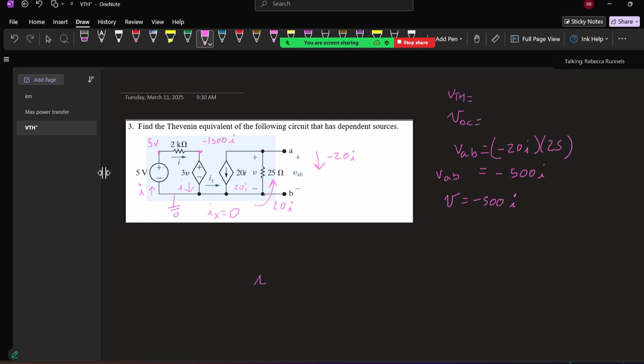And so I equals 5 minus negative 1500I over 2000, or 2000I equals 5 plus 1500I, or 500I equals 5, or I equals 5 over 500, or 0.01 amps.